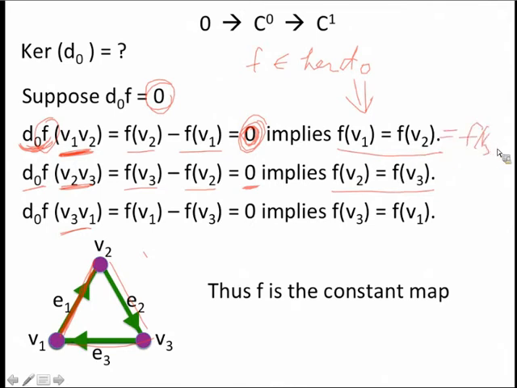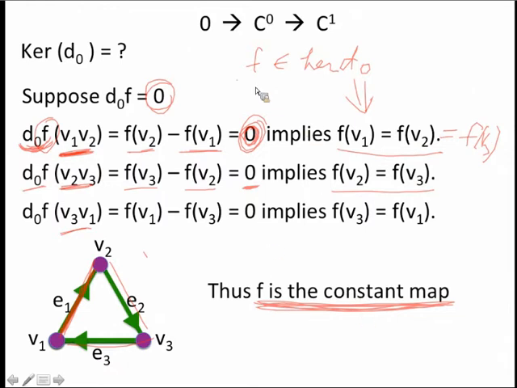So when is f in the kernel? Well, when f is a constant map, and it must be a constant map. If I do have the constant map, then when I subtract these things out, I will always get 0, so it will go to the 0 function, so it will be in the kernel.